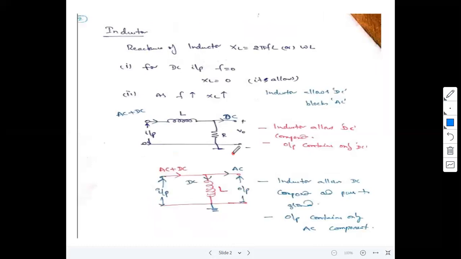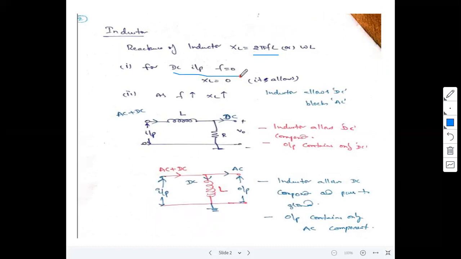Similarly, the inductor is also a reactive element. That means the reactance mainly depends upon the frequency. Reactive element means the properties vary with respect to the frequency of the input signal. Now XL = omega L, where omega = 2 pi f, so XL = 2 pi f L. Now what happens for DC input?